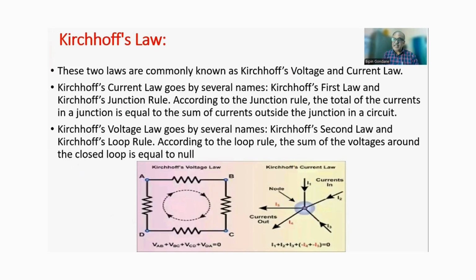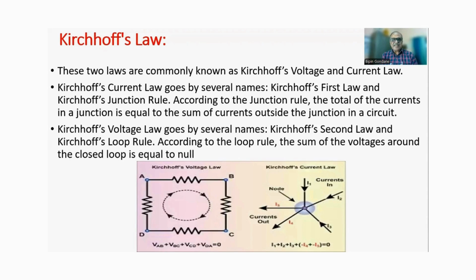The next law is Kirchhoff's law. There are basically two laws in Kirchhoff's: the current law and the voltage law, or we rather call them the first law and the second law.